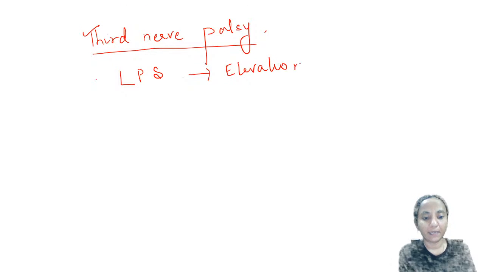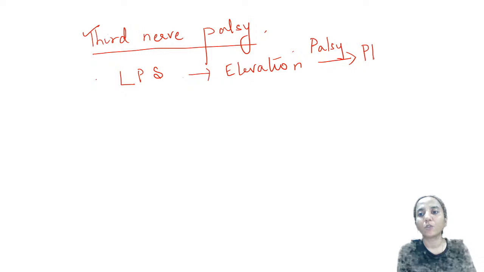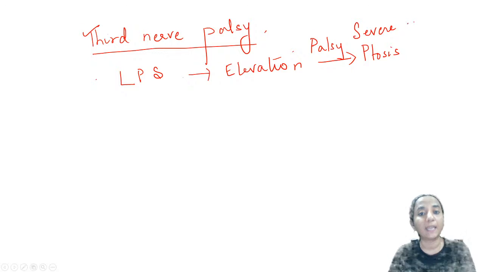Therefore, when there is a palsy which affects the LPS, there is going to be a ptosis, and it is essentially going to be a severe ptosis. Why? Because the LPS is the main elevator of the lid, right?